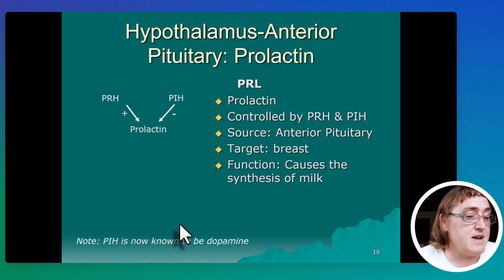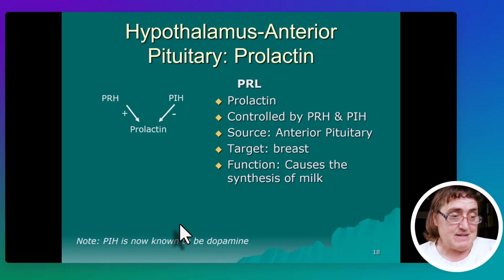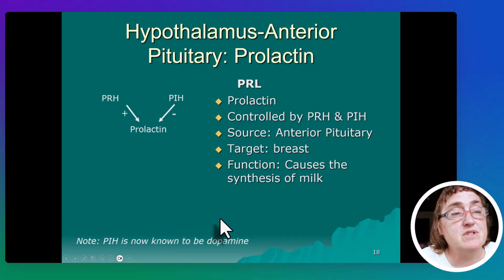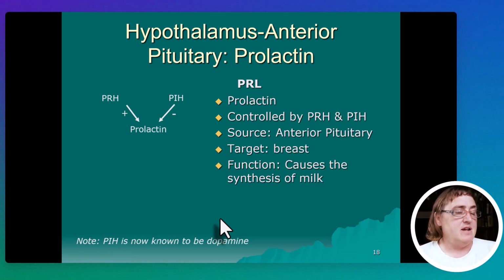Prolactin targets the breast and causes the milk to be made. So oxytocin causes milk to be released, but prolactin causes the synthesis or production of milk. Prolactin is also produced in men, and they're not quite sure why. They don't produce milk, so there's some differing opinions on what prolactin does in men.